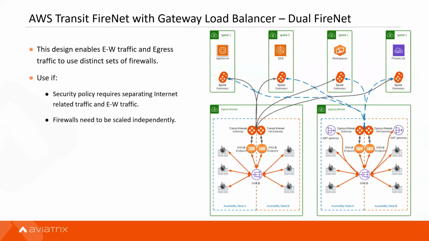And on the left-hand side, we'll take care of your east-west or the traffic coming in from on-prem, for example. I see this is a choice that most of the large enterprises are making, because oftentimes their policies also conflict. The egress team might be a different team versus the team handling the east-west firewalling. So I think this is a great design choice we have for our enterprise customers. Absolutely.